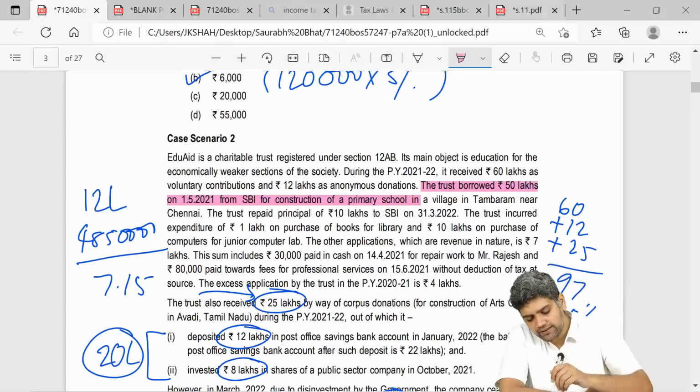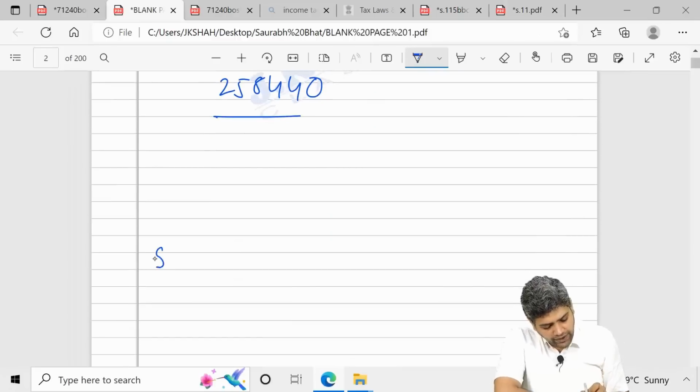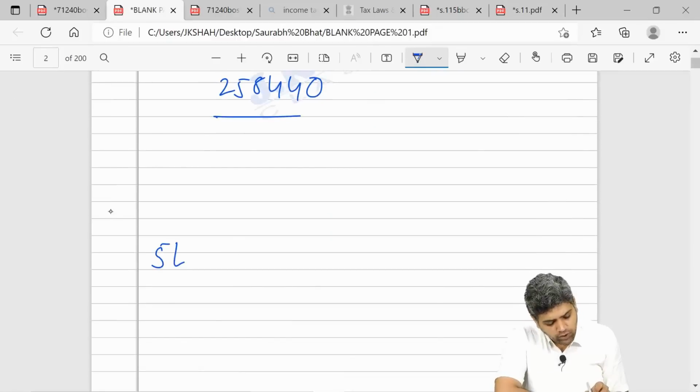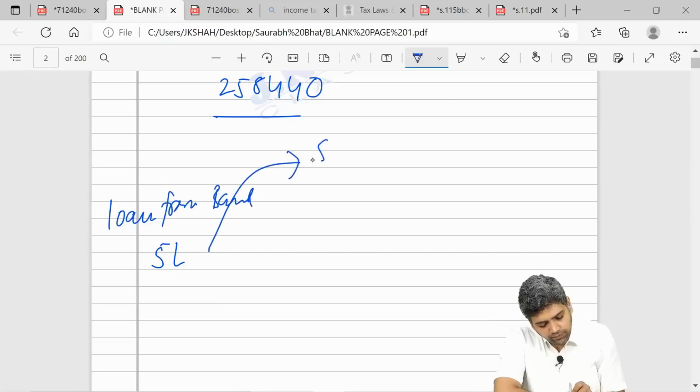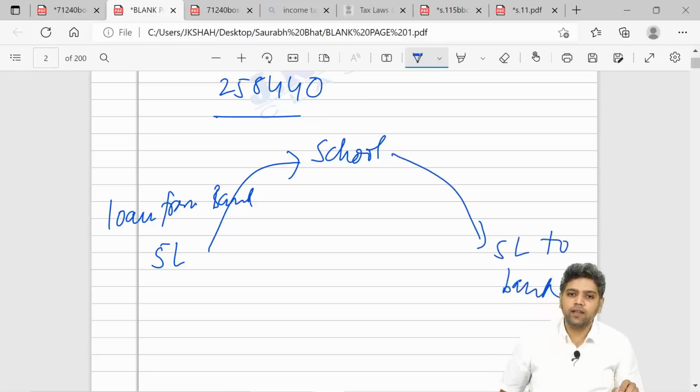So let me give you an example. Let us say that I took a loan of 5 lakh rupees from a bank. Now I used it for construction of school, and later I repaid 5 lakhs to the bank. As per the Karnataka High Court decision, when you make the repayment, that is regarded as application of income.